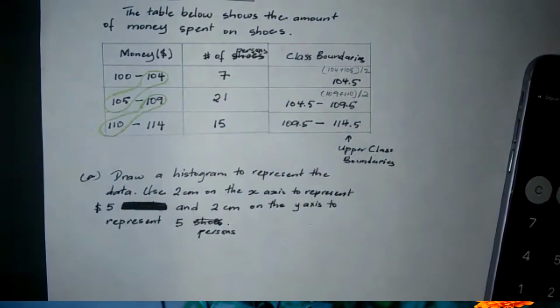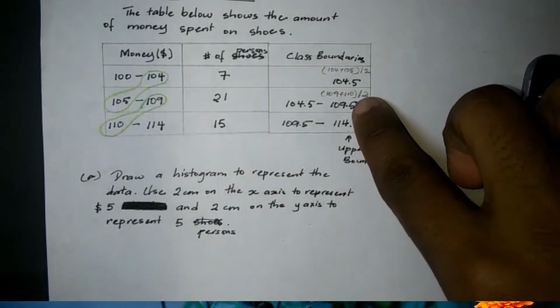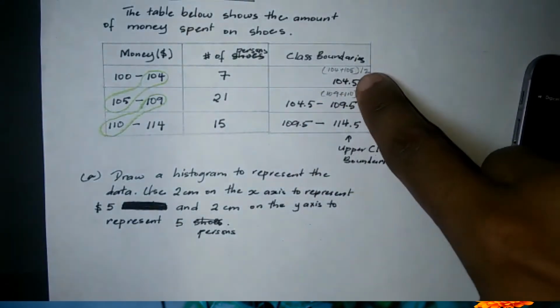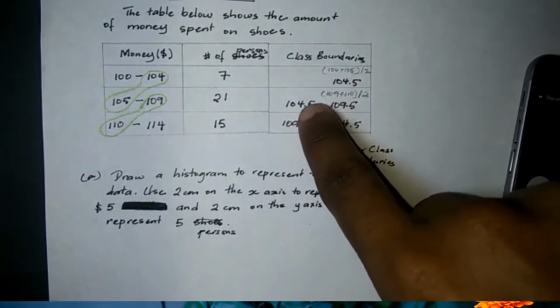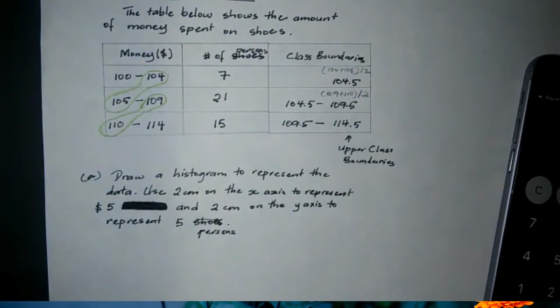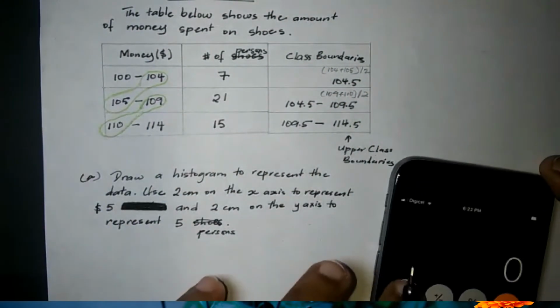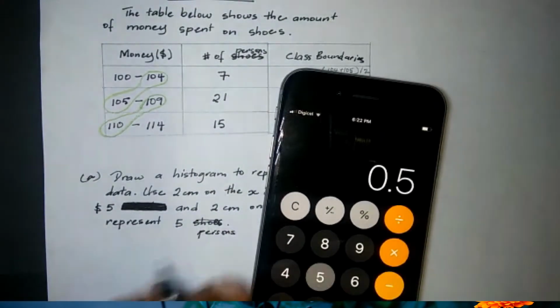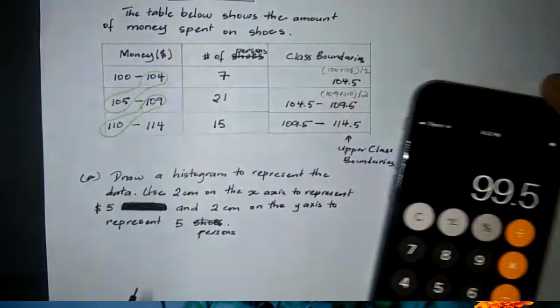Do you see a pattern? Look at this. 109.5, 109.5. 104.5, 104.5. Now, what would this one be? If you said 100, take away 0.5, then you're correct, which would be 99.5.